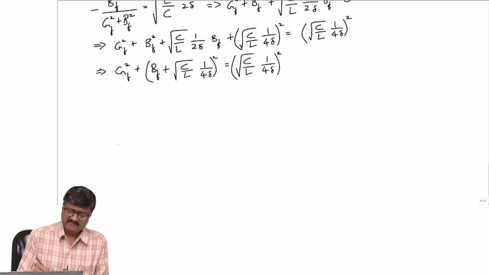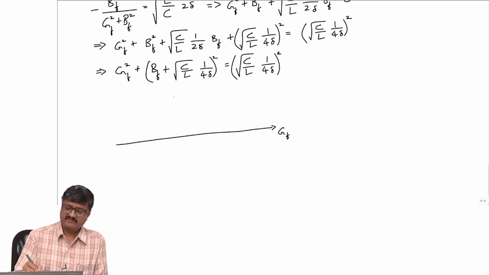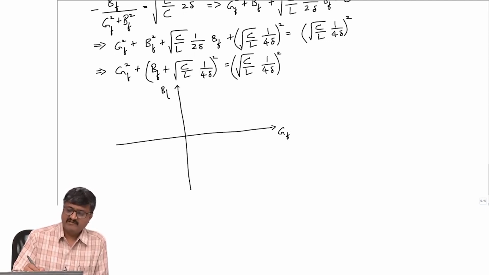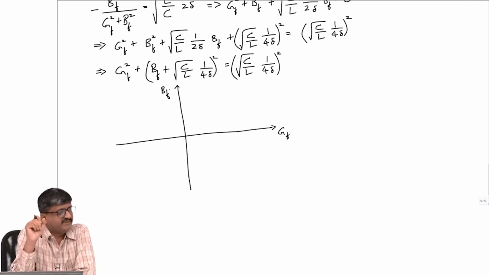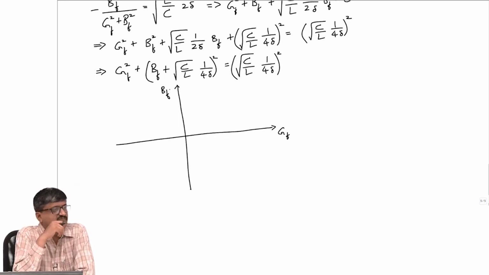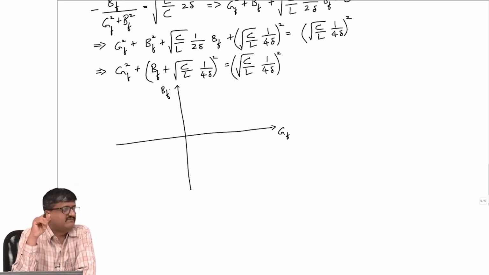Suppose I take the graph, on the abscissa I have GF, on the ordinate I have BF. That is a complex plane with the real part equal to conductance and the imaginary part equal to susceptance. Now, the question is, if I take the equation that I just got in terms of GF BF, what is the curve? Circle, it is a circle.